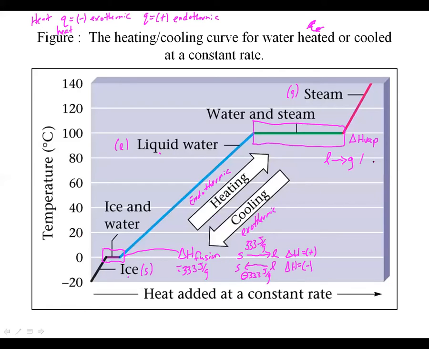So the delta H of vaporization will be a positive value, and going backwards from gas to liquid, that is exothermic. Delta H of vaporization will be a negative number in this case. Again, the number will be the same. So again, that is the 2260 number, and that is specific for water. So it would be positive 2260 heading in this direction. It would just be negative 2260 headed in this direction, going from gas to liquid.